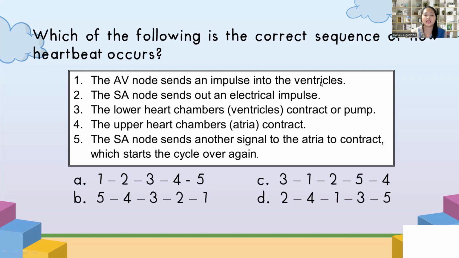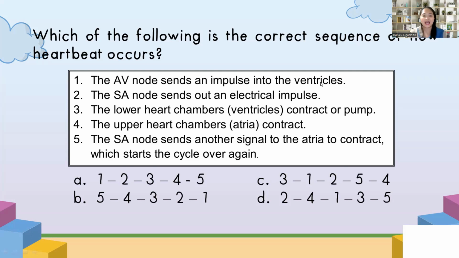Now, the SA node sends out an electrical impulse, and this will make your upper heart chambers or atria contract. Now, the electrical impulse or signal will be passed on to the AV node or the atrioventricular node, which sends an impulse to the ventricles, allowing the ventricles to contract this time.